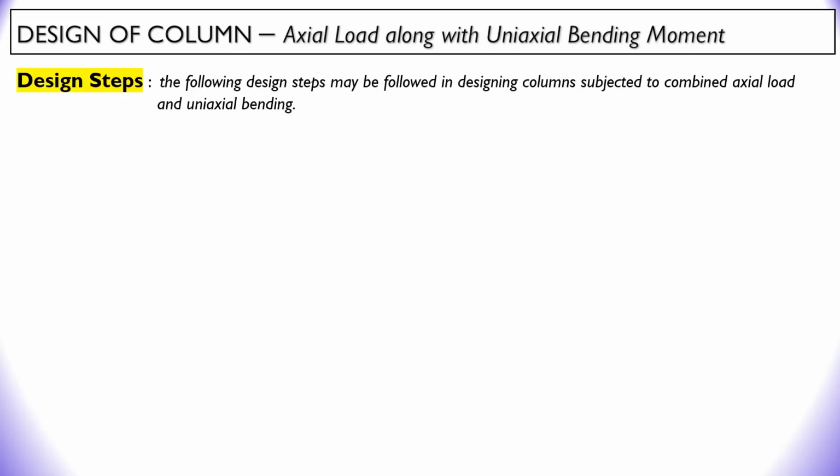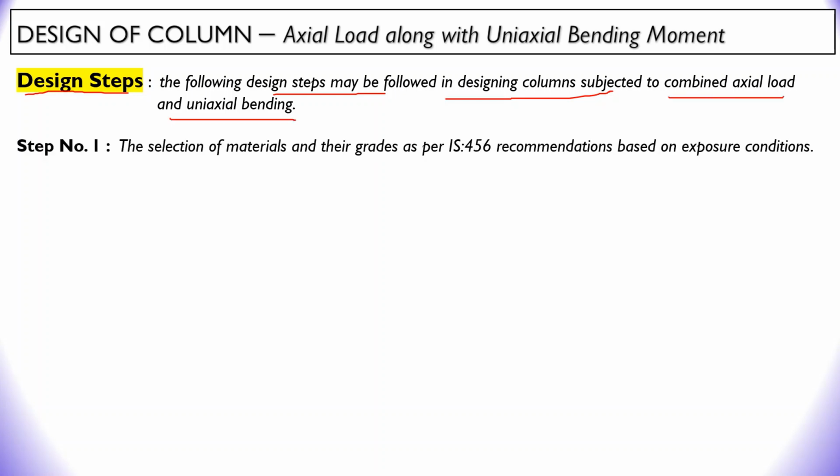Going through the guidelines, let us decide the various steps we can follow. The following steps in general may be followed in designing a column subjected to combined axial load and uni-axial bending. Let us discuss them one by one.